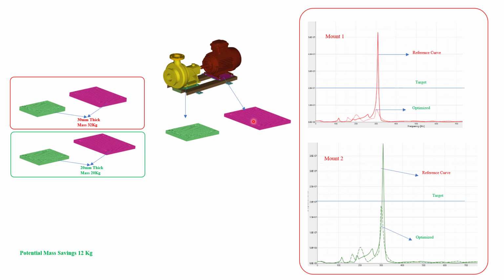And for that, I tried to run the NVH analysis, and I could have the reference model as the 5 mm thick plate pump model. For that I could see the plot around 310 Hertz. My stiffness curve is peaking up and shooting up above the target.